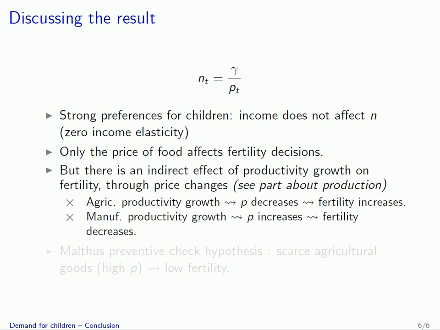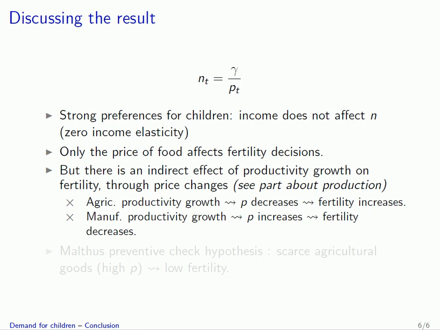Once you take a look at the production part of the model, which I'm not talking about here, you'll see that productivity growth in both sectors will have an impact on fertility, although the impact is indirect here because it goes through price changes.